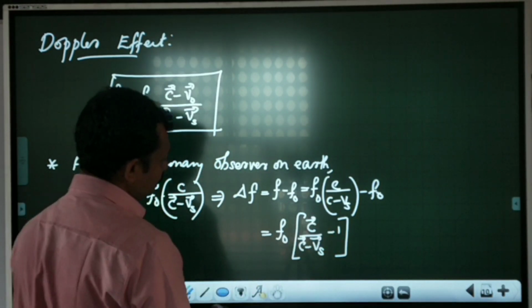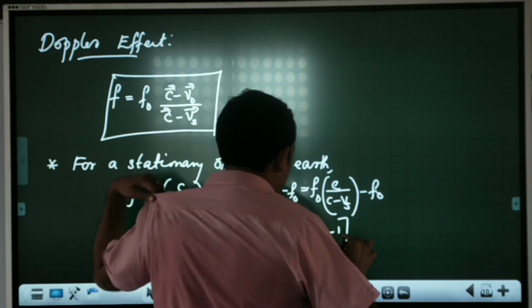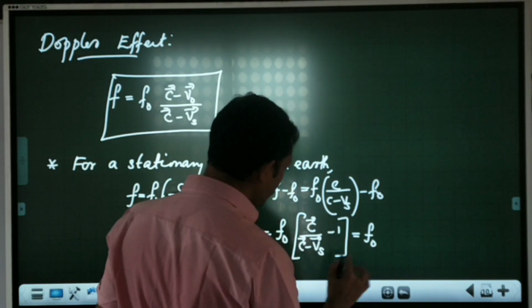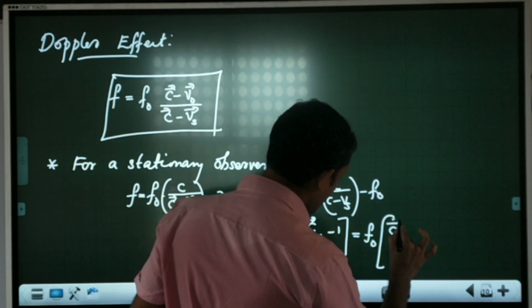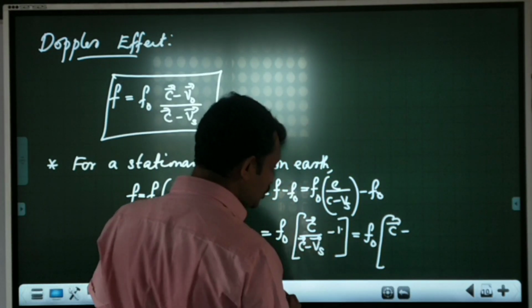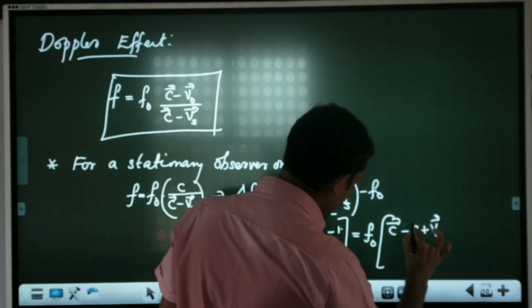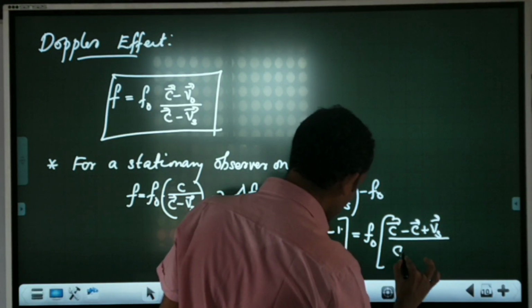Always the speed of light is considered to be positive. So f0 into, now we will simplify this expression, taking the LCM, c minus c plus vs divided by c minus vs.